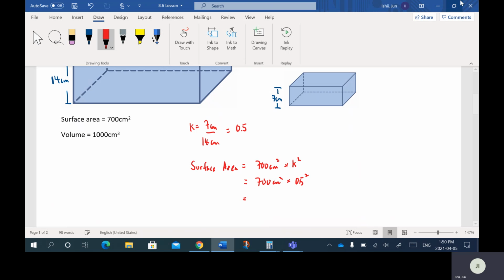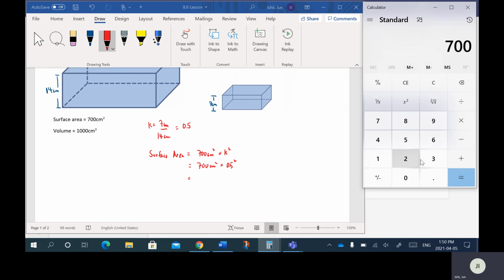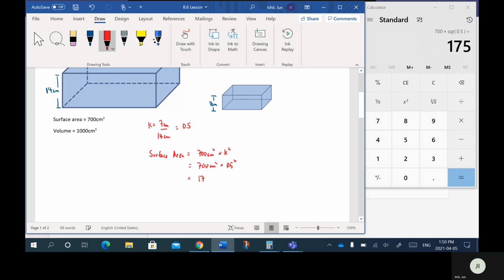Using a calculator, 700 times 0.5 squared equals 175 centimeters squared. So the surface area of the smaller box is 175 centimeters squared.